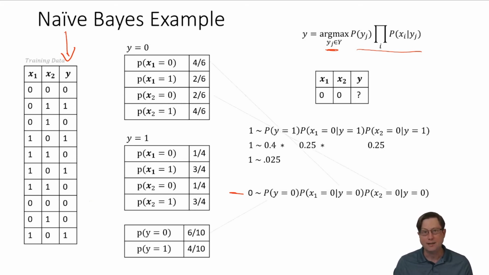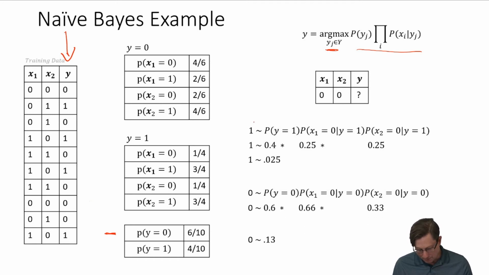Then you do a similar thing for the possibility that the class label is 0, and you would take those things from up there, and the number is 0.13. 0.13 is way, way larger than 0.025. So to use naive Bayes with these parameters to get a prediction for this instance, you would predict, in that case, y hat equals 0.